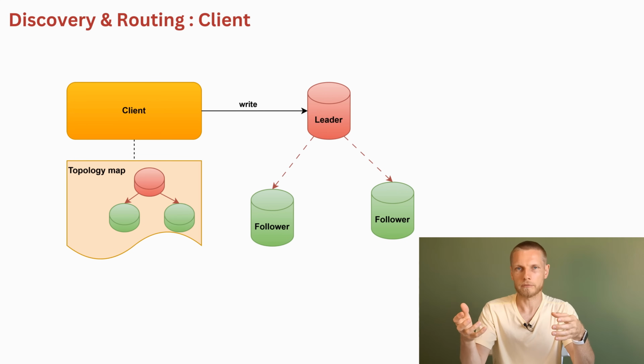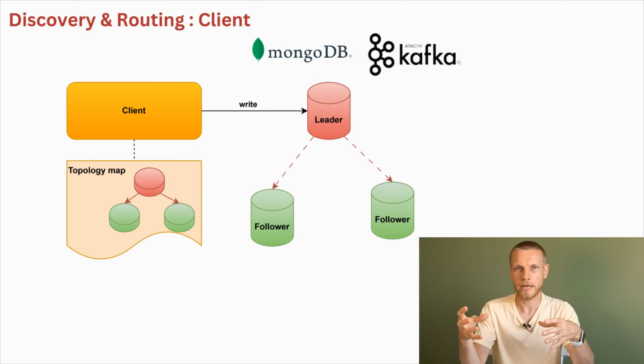Some examples of systems which work like that are MongoDB and Kafka. This schema is the simplest from the server implementation point of view because it basically moves all logic related to routing to the client side. Because the client establishes a connection directly with the needed node, the latency is low.